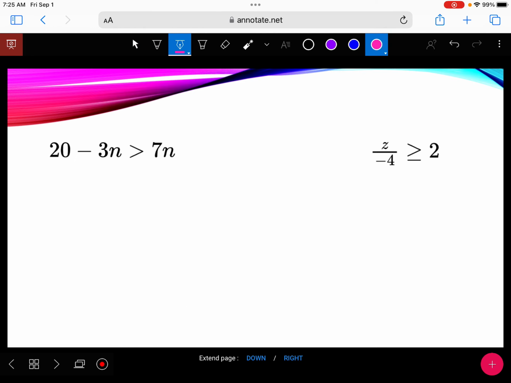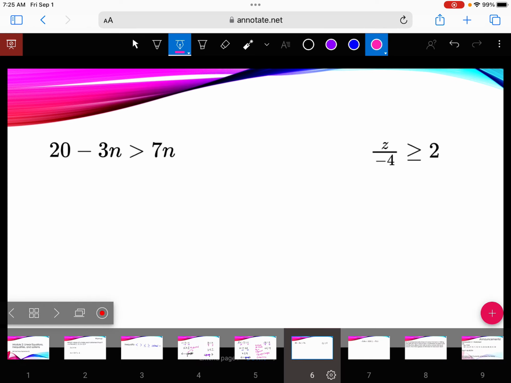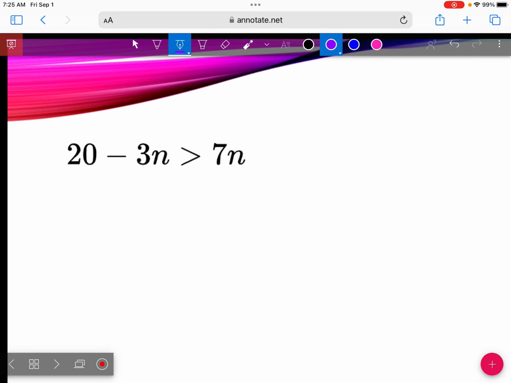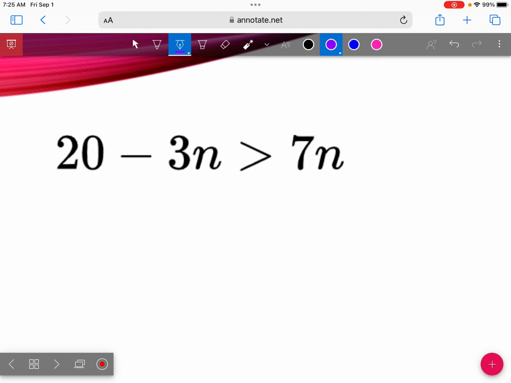A few more of these. So this time it has an n. Doesn't change what we do. Sometimes they're going to have different variables, and that's okay. So what can we do here to get n by itself? Super close.